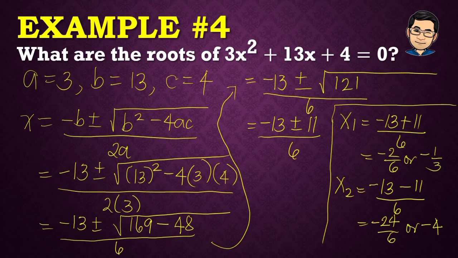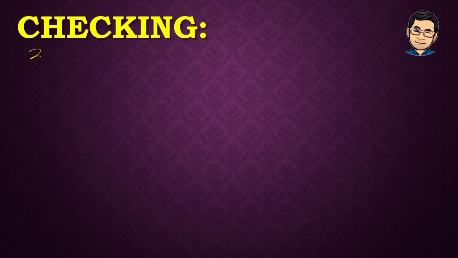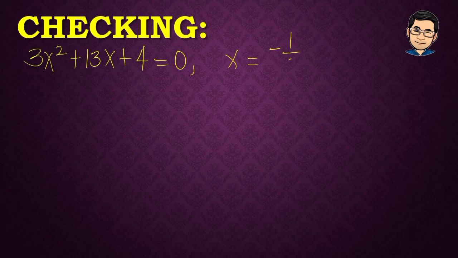So let's check. 3x squared plus 13x plus 4 equals 0. Then our roots are negative 1 over 3 and negative 4. So, negative 1/3 muna.